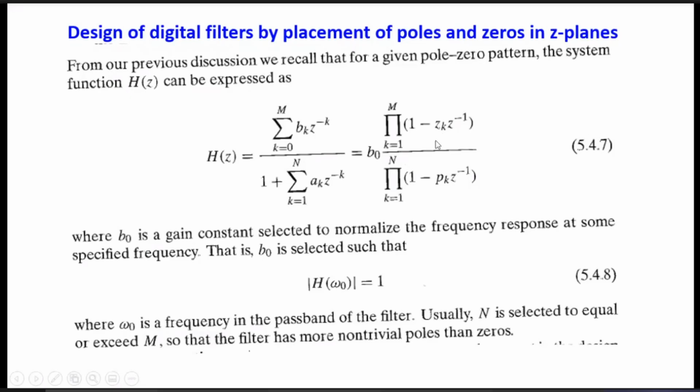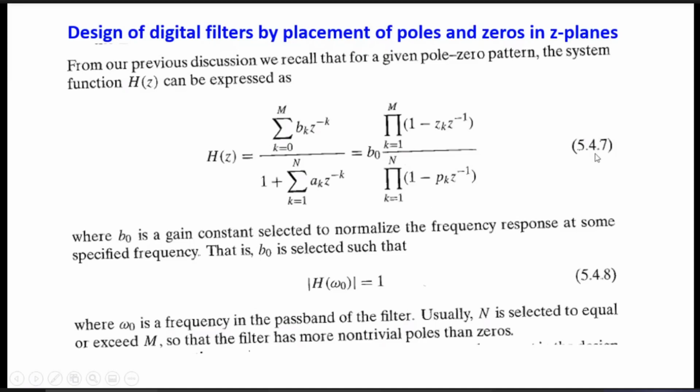There are n number of poles in the system, 1 minus p1 z inverse into 1 minus p2 z inverse, like that. So you have got to know that the transfer function consists of zeros and poles.